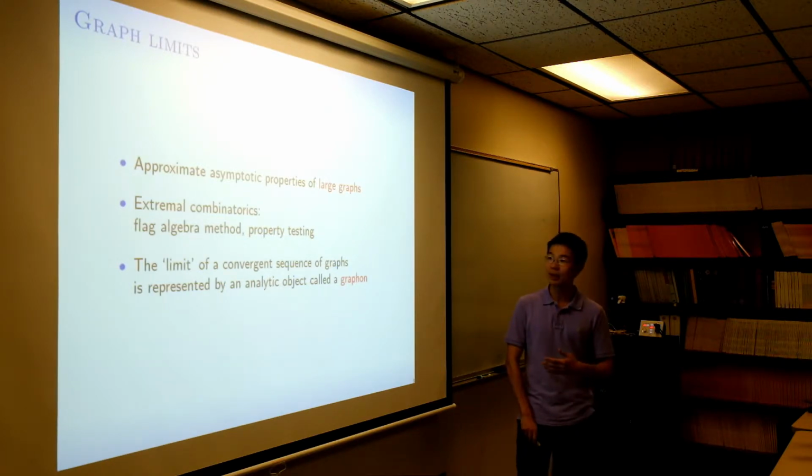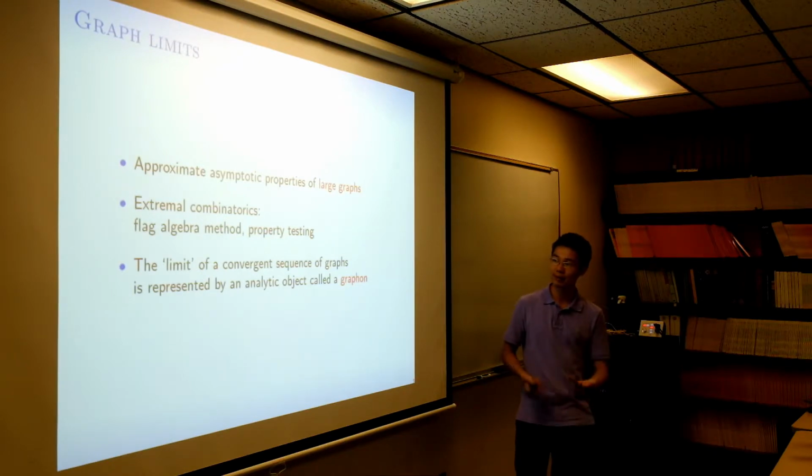So in this way, it makes sense to study the limit of large graphs. Related objects are something like flag algebra methods and property testing, but I won't talk about that in this talk. But all of those things study the asymptotic property of large graphs.